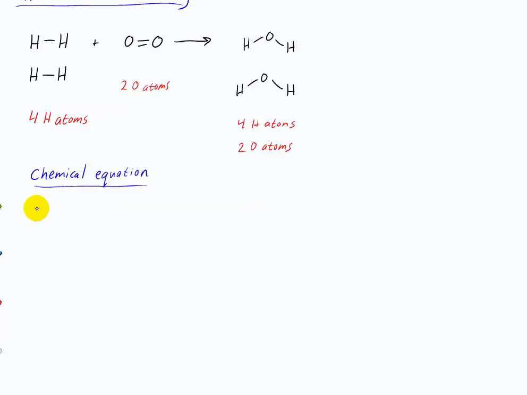And so we would draw this one as H2 plus O2 yields H2O. And that's called a chemical equation. And then to account for the fact that we need two of these and we end up with two of these, we put 2's in front of those symbols.